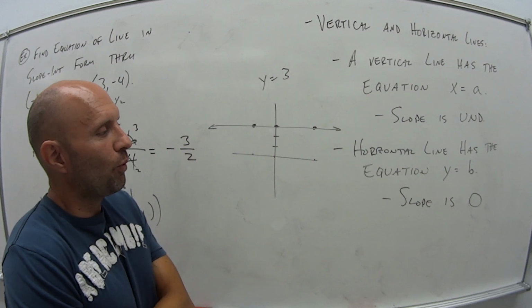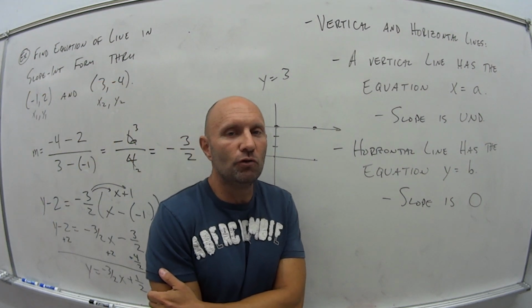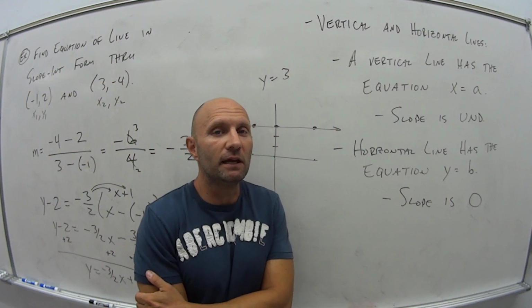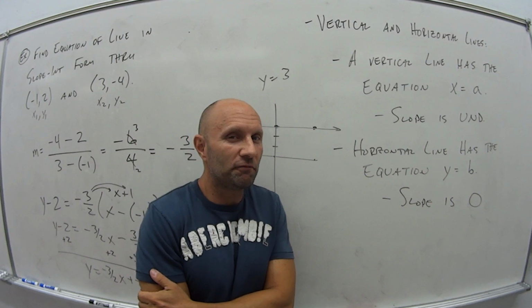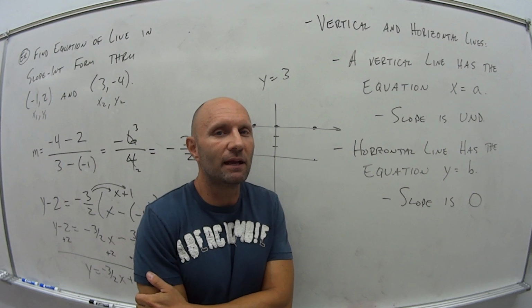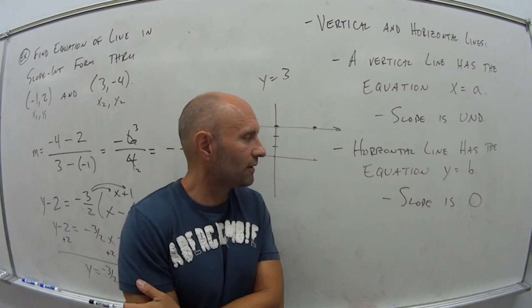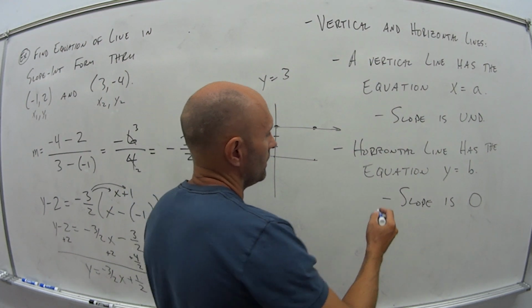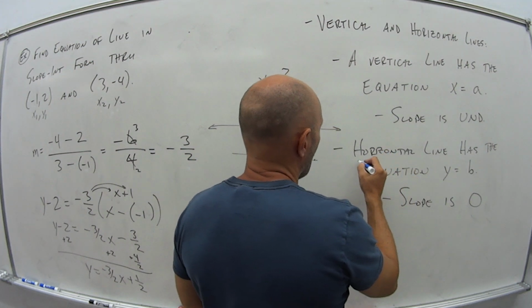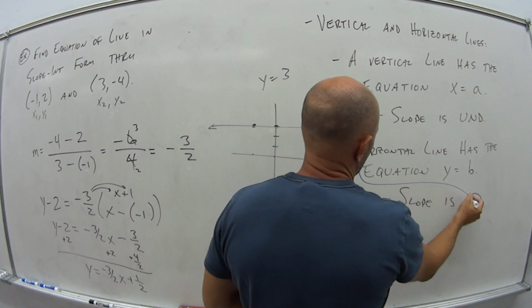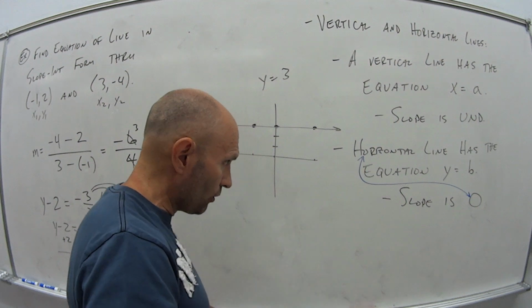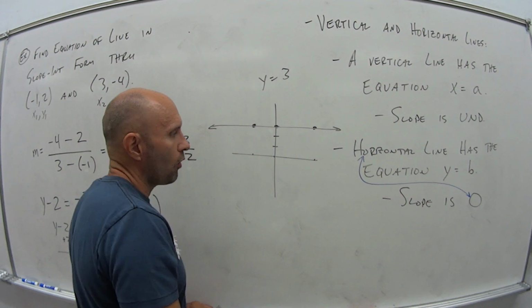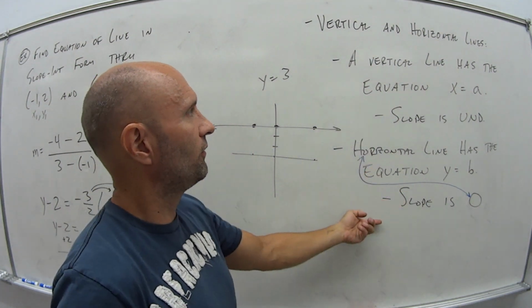Now, is there a way you can remember this? You had to have these on your cheat sheet for the in-class exams, but what about the final? You don't get a cheat sheet, so you got to start coming up with little tricks. Well, the only trick I could maybe suggest is that horizontal has an O in the word. O is like 0, so horizontal, O, 0, slope is 0.